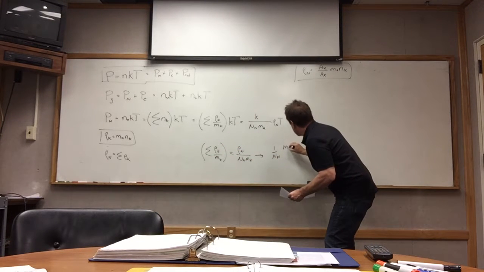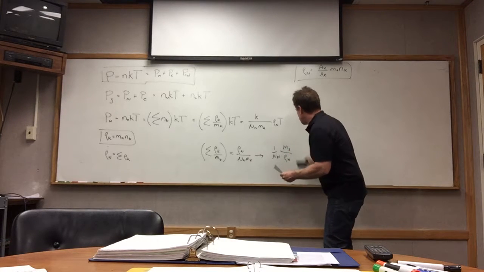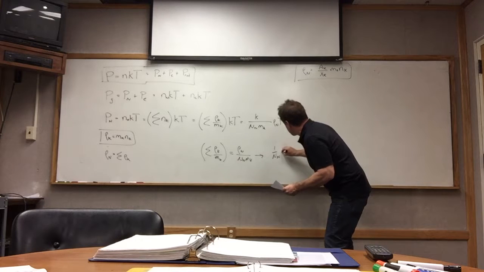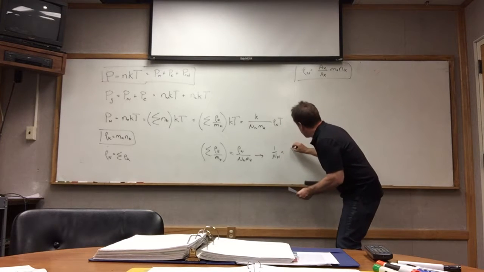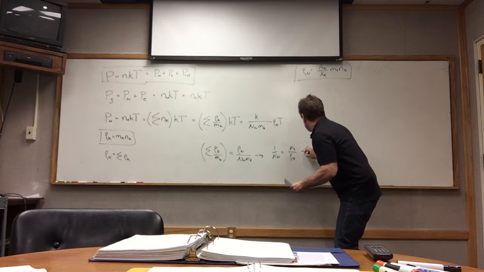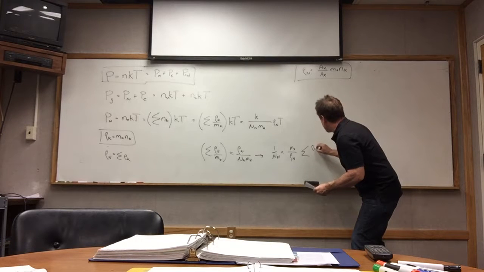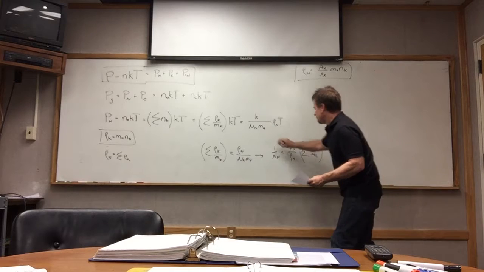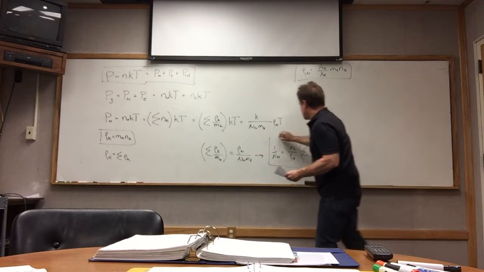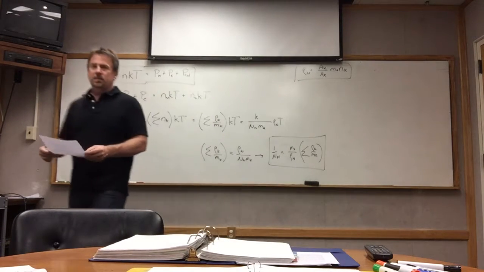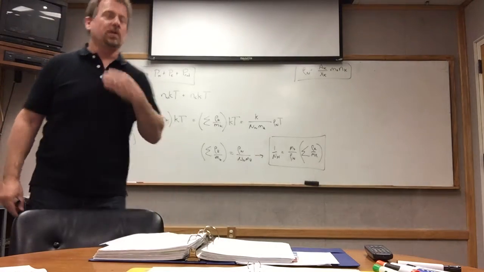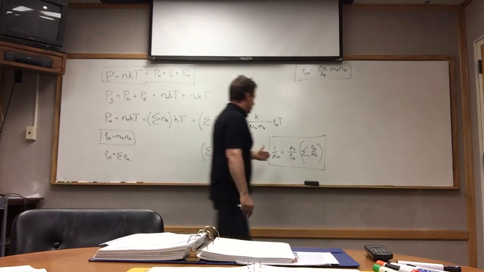We get 1 over mu n equals ma over rho n times the sum of rho k over mk. So that defines the mean molecular weight, or the inverse of it.